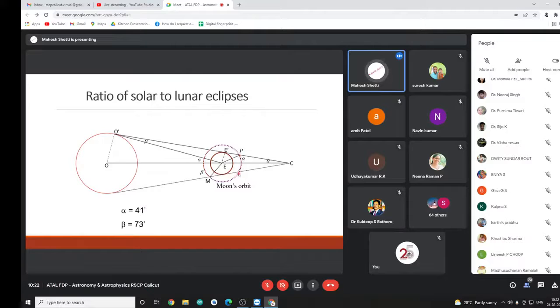So we want to find out how much angle this size sustains at the center of the earth. Remember, this is an exaggerated figure. The angle measured at the surface of the earth and the angle measured at the center of the earth are not going to change much, because the actual moon's orbit is something like 60 times greater than the earth's radius. So let's come back to our present slide.